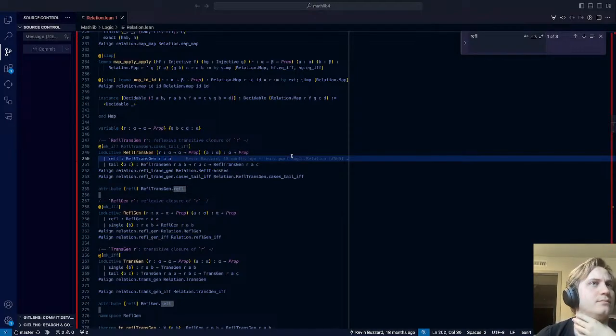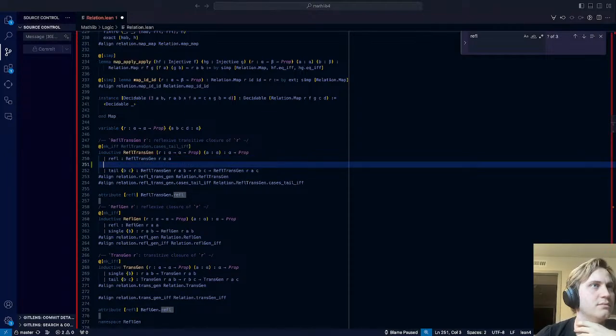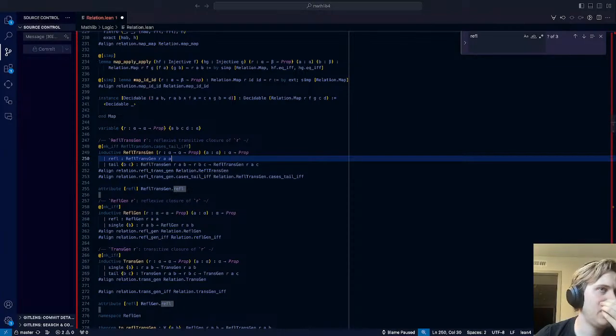This one. Cases tail if. I feel there should be another case called single. Mainly I feel that the single case should have primacy maybe.